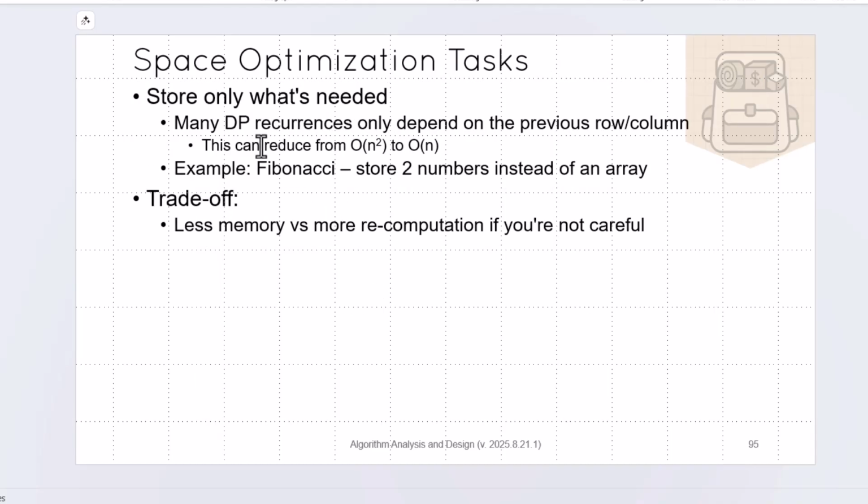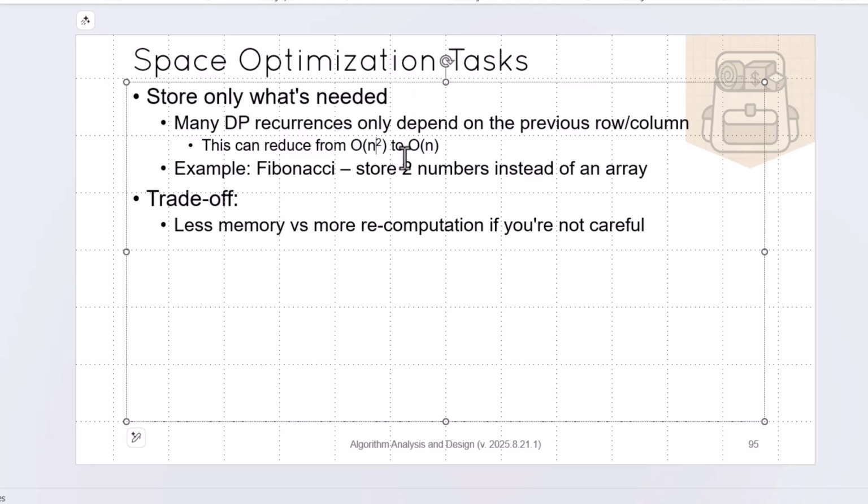For space optimization, we store only what's needed. Many dynamic programming recurrences only depend on the previous row or column. That's the rolling array thing we were talking about. So that can reduce a matrix or 2D array down to linear, like keeping track of a row, right?